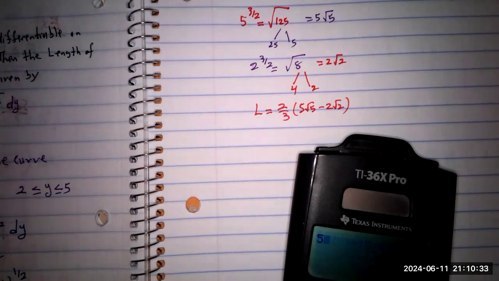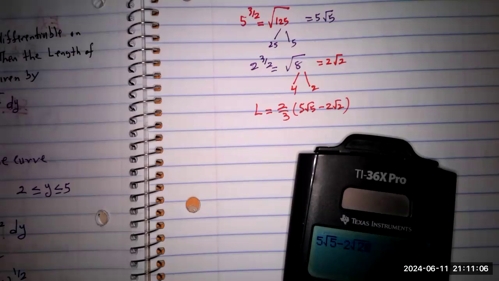This is going to be 5 radical 5, minus 2 radical 2.